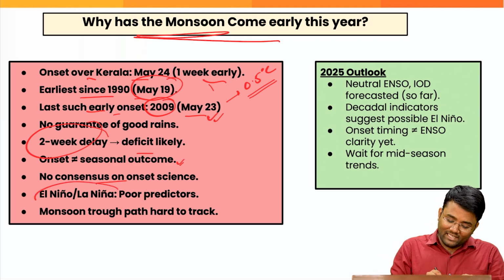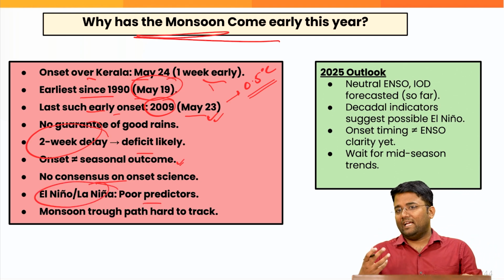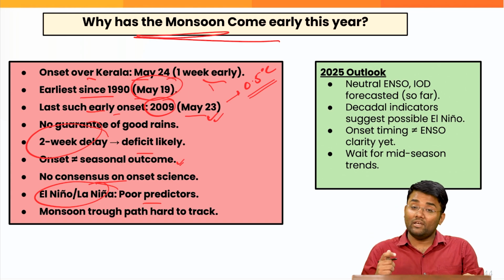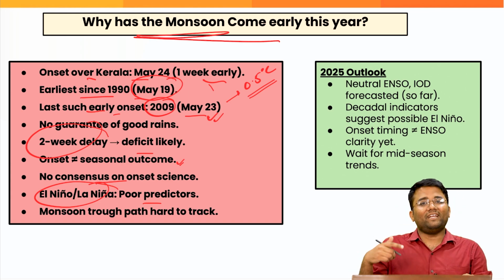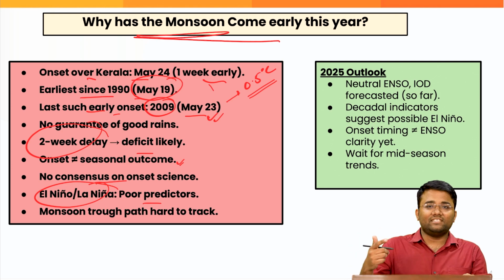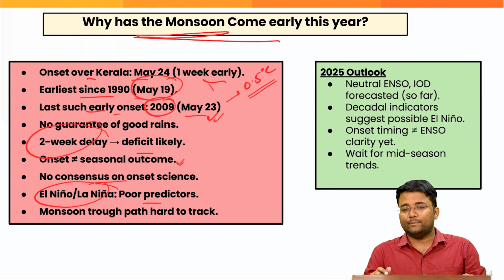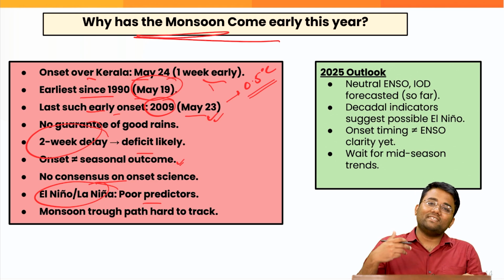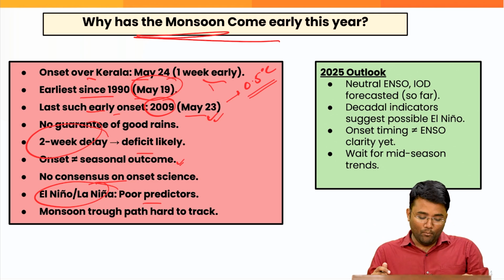El Nino and La Nina are also poor predictors. As of now, scientists have tried that if there is a phenomenon of El Nino, it will negatively impact the monsoon. But again, there are various other factors, both atmospheric as well as sea surface temperature, that keep on changing, which are impacting the monsoon. That is the reason our understanding of the monsoon is still evolving.